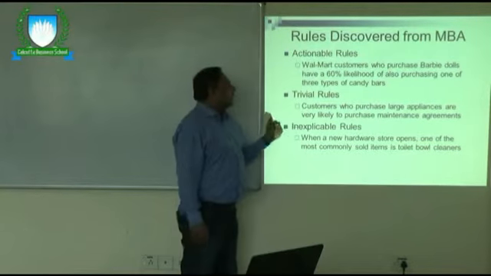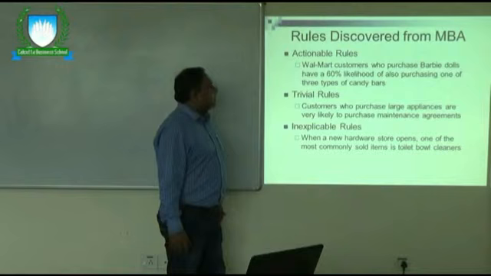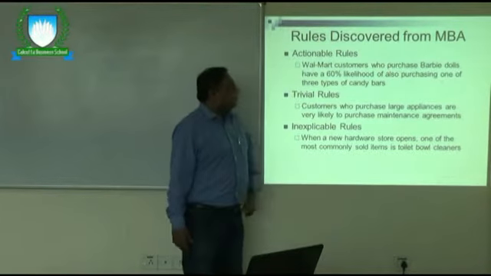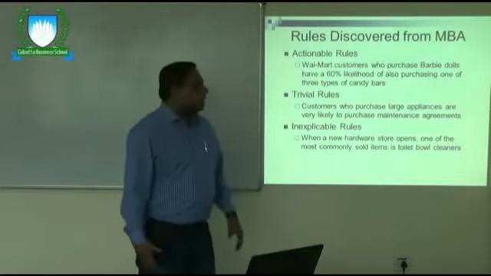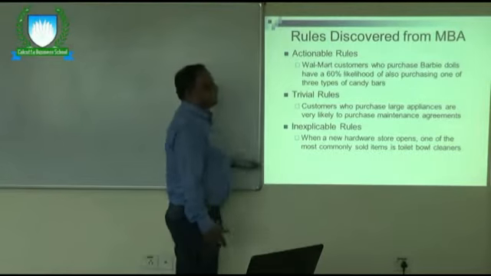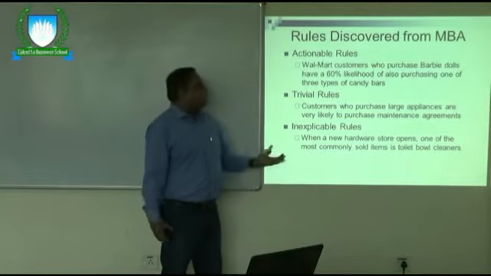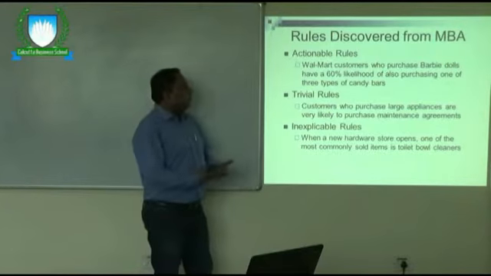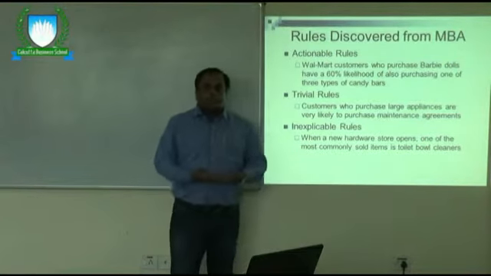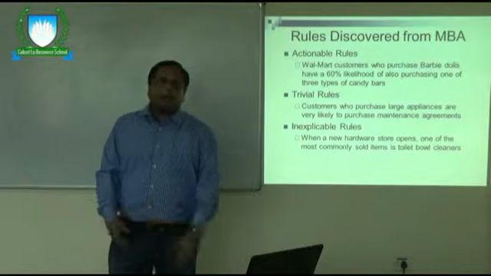For example, it has been found by studies that Walmart customers who purchase Barbie dolls, in 60% of the cases also purchase some types of candy bars, right? So there is a good association between the Barbie doll purchase and the candy bar purchase.